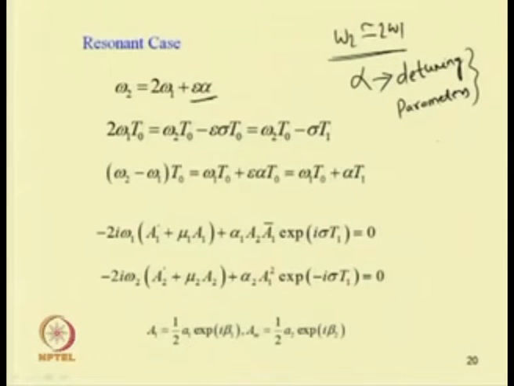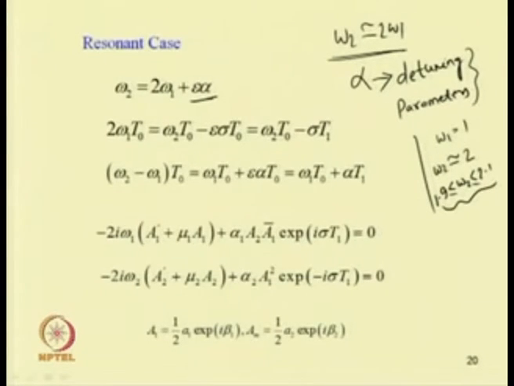For example, if we are taking this omega 1 equal to 1, then omega 2 should be nearly equal to 2. So, for example, we can vary this omega 2 from 1.9 to 2.1, taking 10 percent. So, 1.9 less than or equal to omega 2 less than or equal to 2.1.